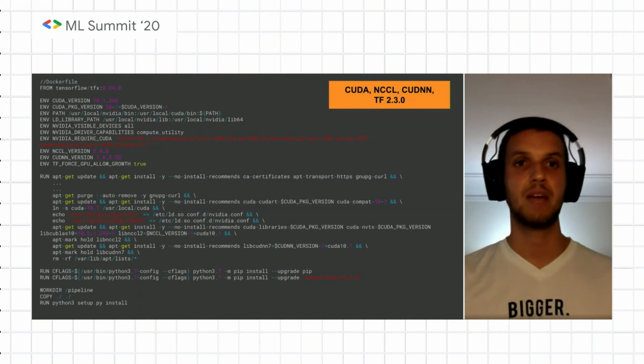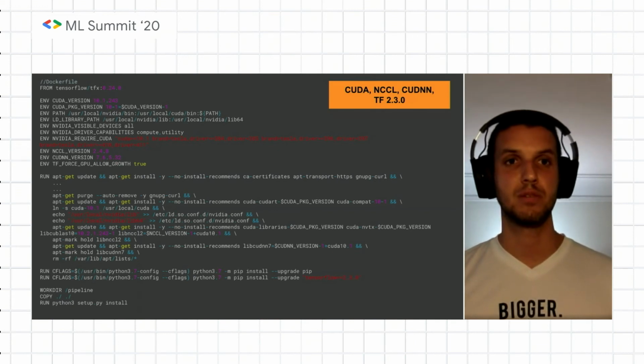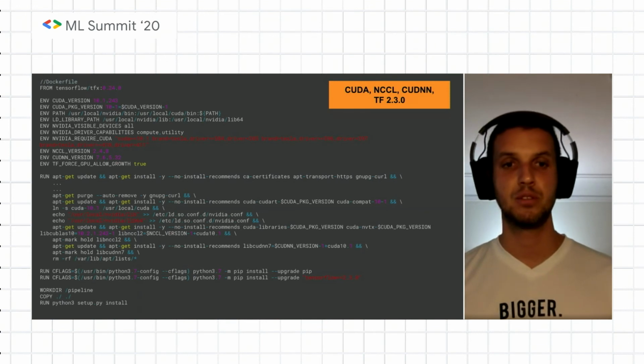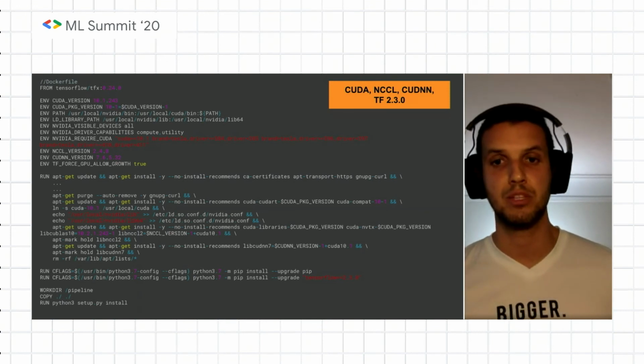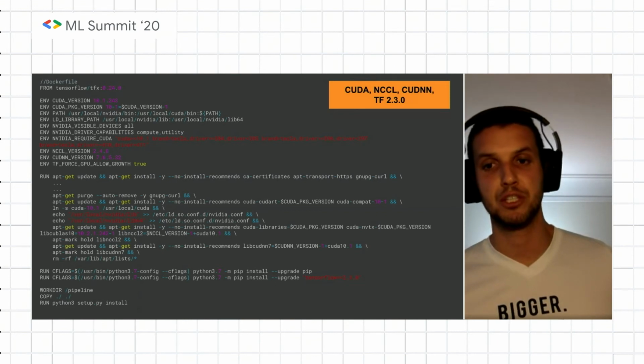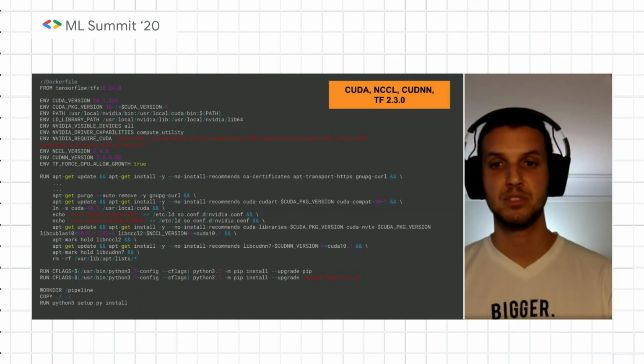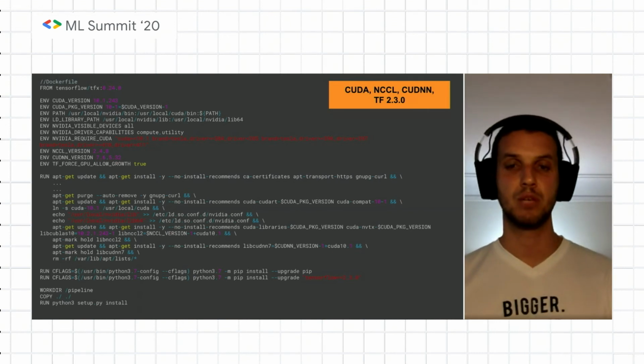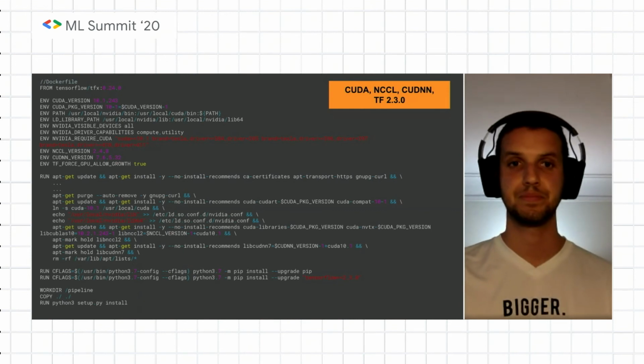As we can see here, we are extending our TensorFlow TFX 0.24.0 version, installing all the required packages so it can use GPUs and communicate with the GPU cards. And also I'm installing my preferred TensorFlow version. By the end, you can see there is a pip install --upgrade tensorflow==2.3.0.